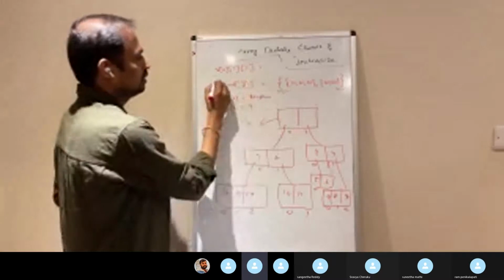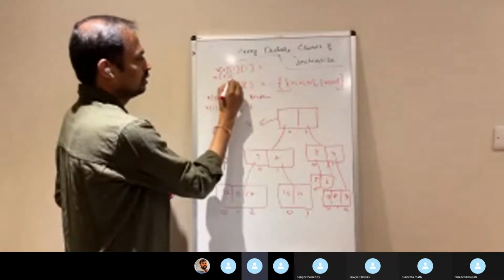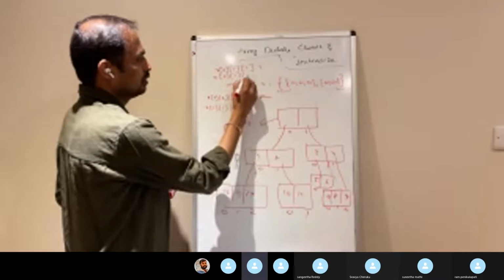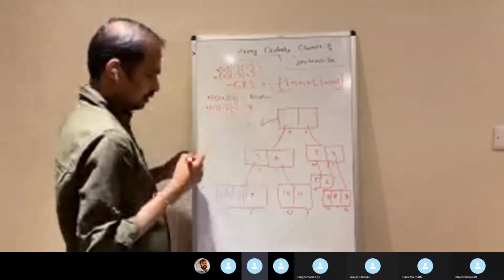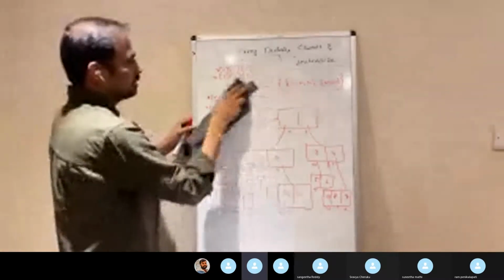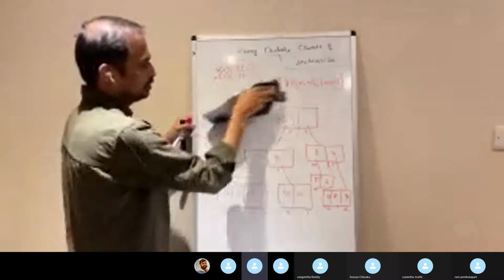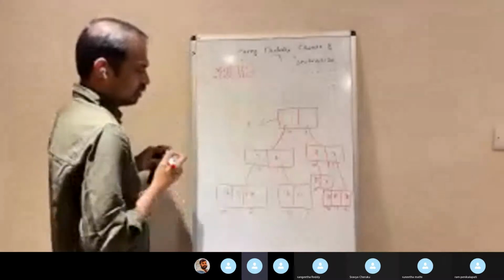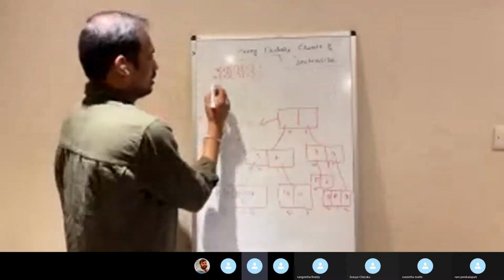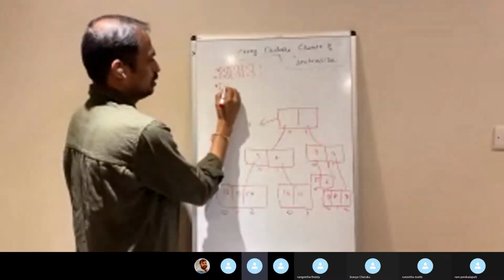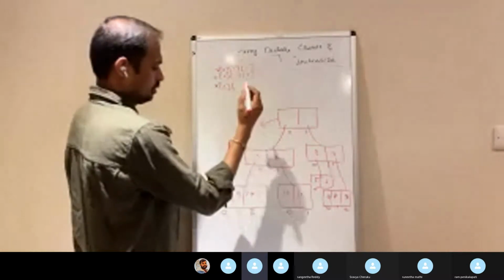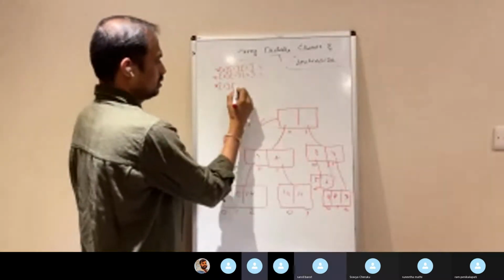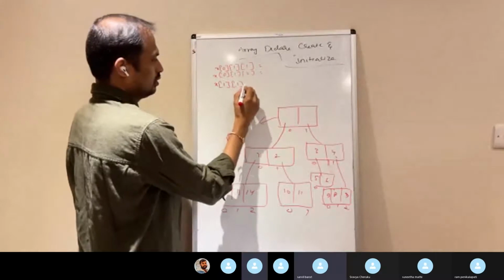What is the value? Can you tell me now the values for this? So 0, 1, 1 would be 13, right?